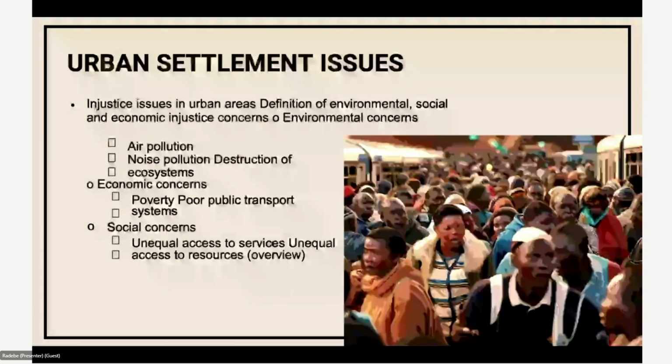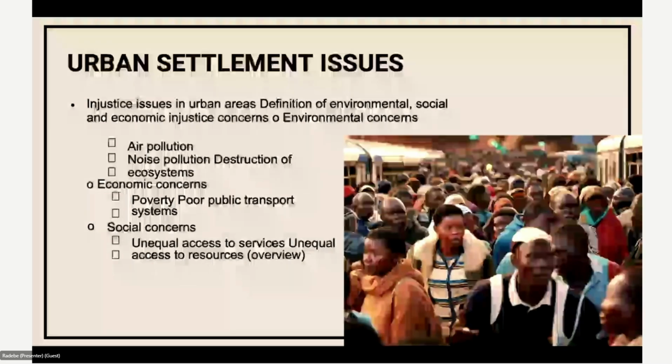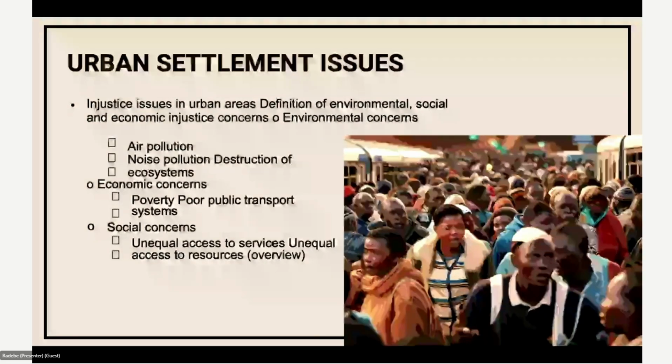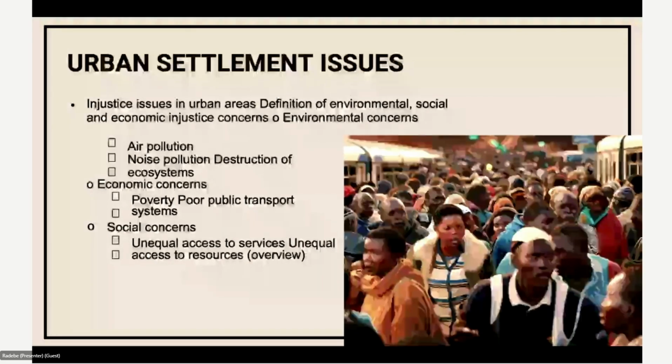And then social concern: unequal access to services. Obviously, like I said before, if you look at rural and urban, or at the informal settlement, let's compare the two. Let's say high income residential and low income residential. Services are not the same. So that's why they're talking about unequal access to services.